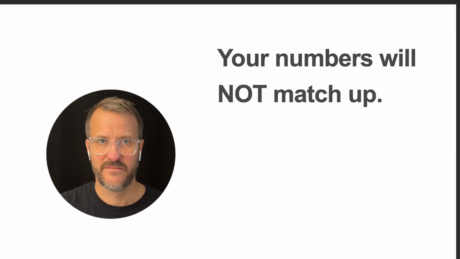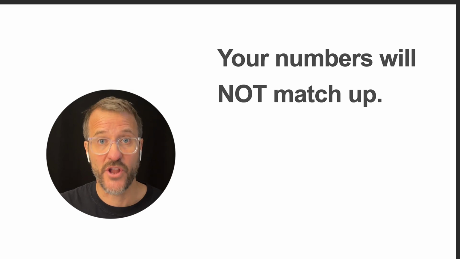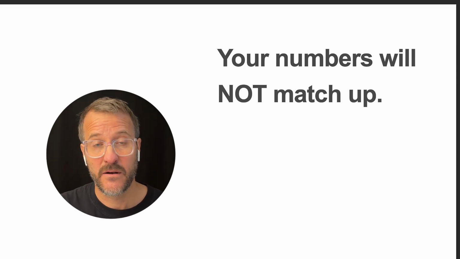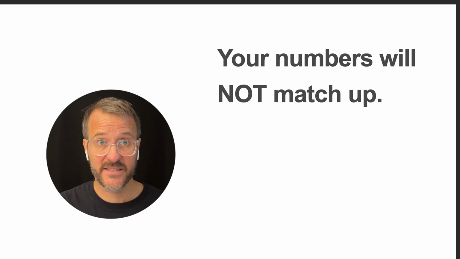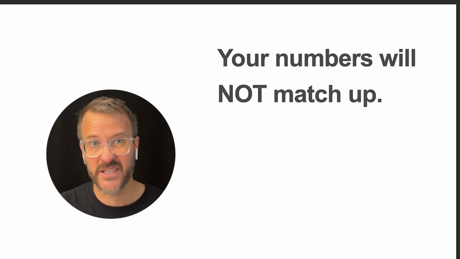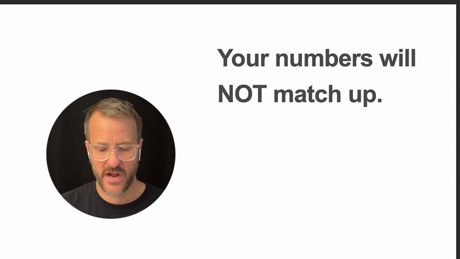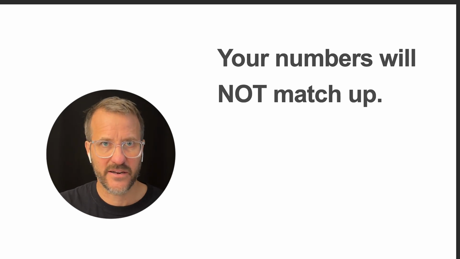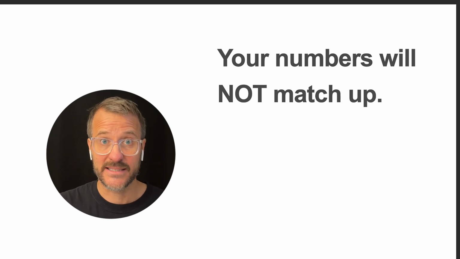One final thing that has not changed in Google Analytics 4 is that your numbers will not match up. What I mean by that is the numbers of conversions that you see in Google Analytics, donations or signups, will not be exactly the same as you see in your other data sources, be it, say, Salesforce or Action Network or Every Action. Your numbers will not line up exactly.